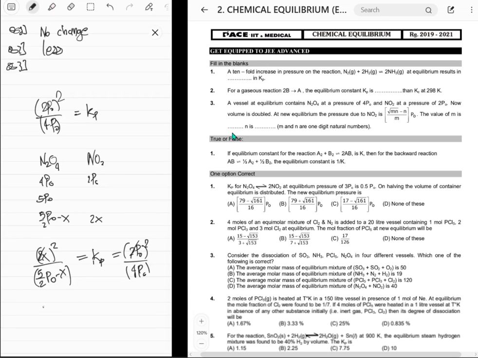You will just have X squared equal to 5 by 2 P naught minus X times P naught, and that 4 goes over there. That means 8x squared equal to 5P naught minus 2x times P naught, which is 5P naught squared minus 2x P naught.